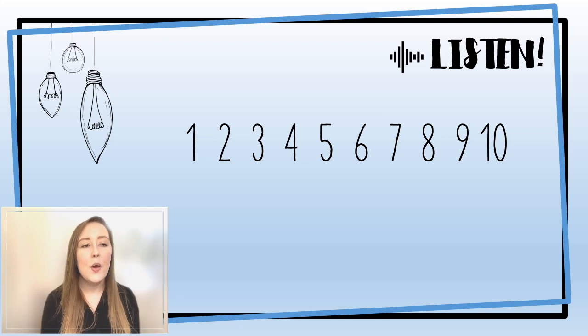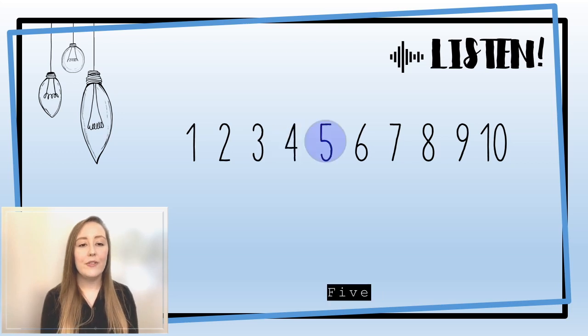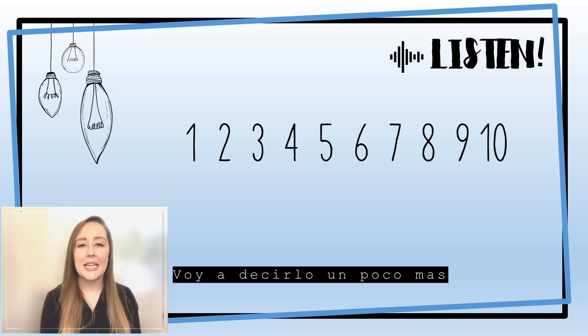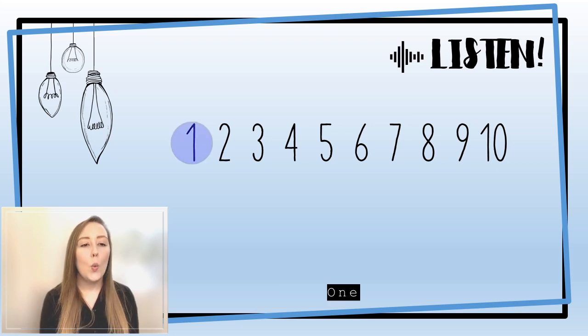Listen again. 1, 2, 3, 4, 5, 6, 7, 8, 9, 10. I'm going to say it a little bit faster. 1, 2, 3, 4, 5, 6, 7, 8, 9, 10.